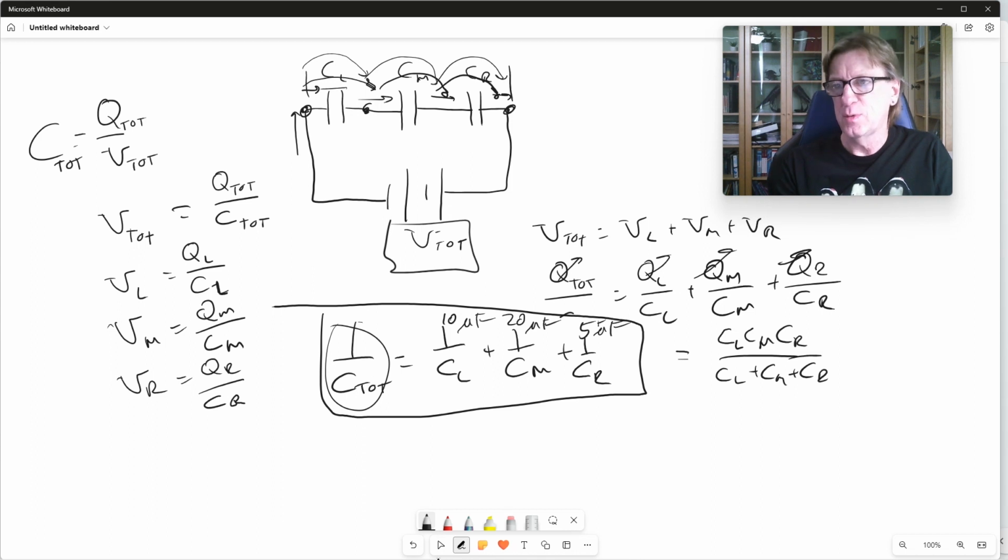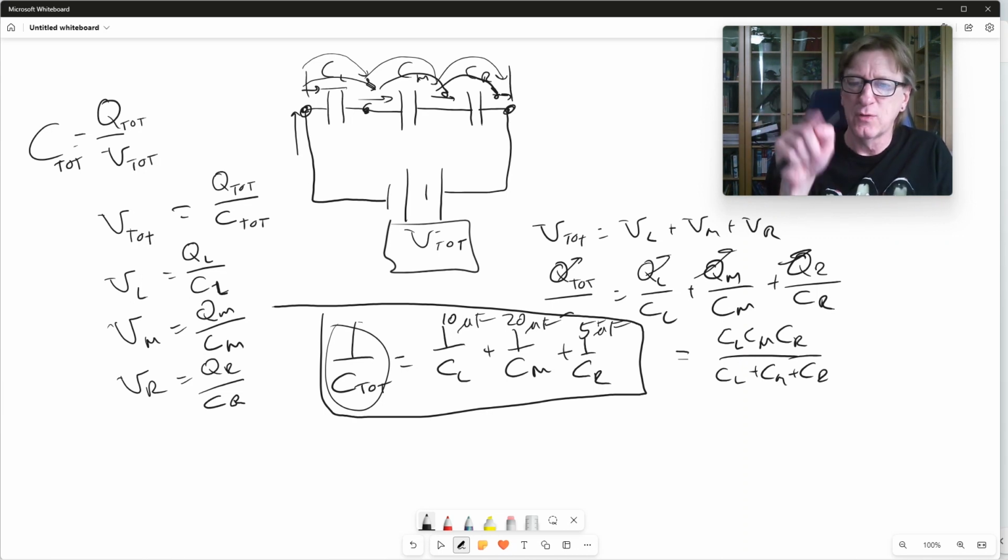That's perfectly okay. But on my calculator, I've got an invert button, 1 over X. Yours might be X to the minus 1. It's easier for me to take 10E minus 6, 1 over, plus 20E minus 6, 1 over, plus 5E minus 6, 1 over, equals, and then hit that button again to do 1 over, and now I've got my C total. You do you, whatever works out.